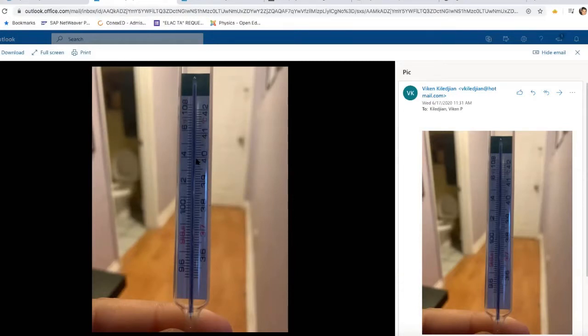So that means every single Celsius that it heats up, the mercury goes up by 1 centimeter.